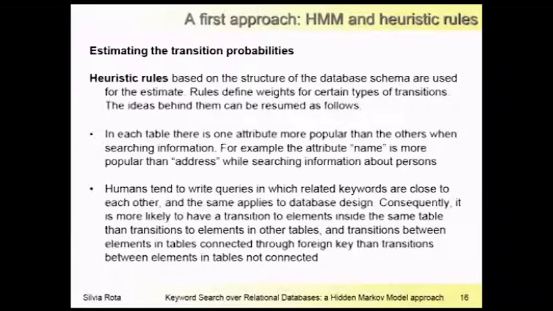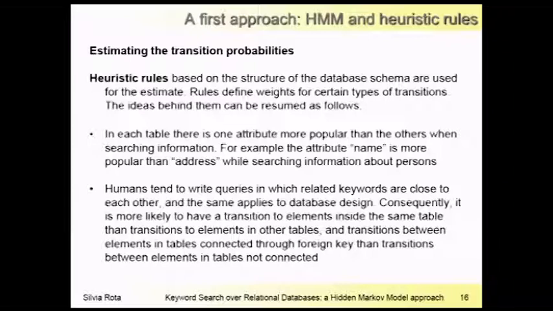Okay, so let's estimate the other parameters of the model. We have transition probabilities, which are the probabilities to change from one state to another inside the hidden Markov model. We use heuristics. These heuristics are taken from common sense, and they can be summarized by two common sense rules.